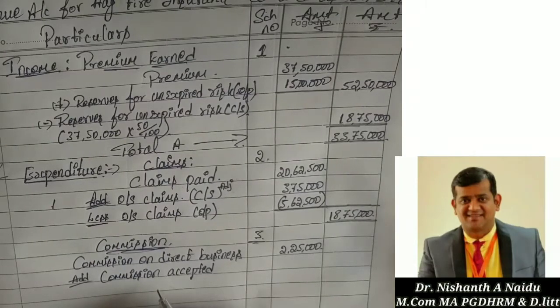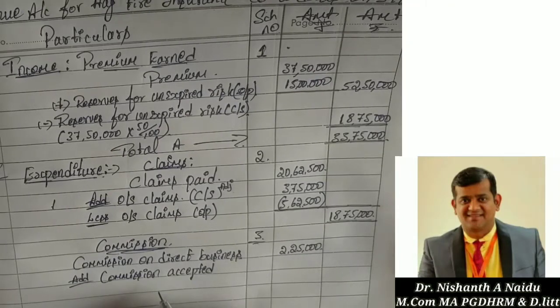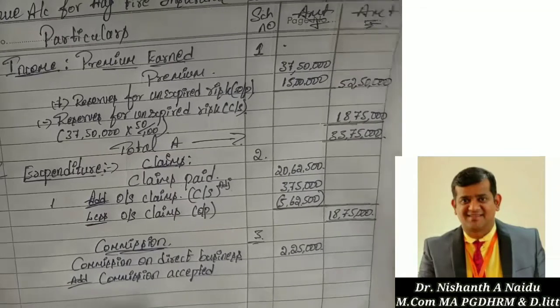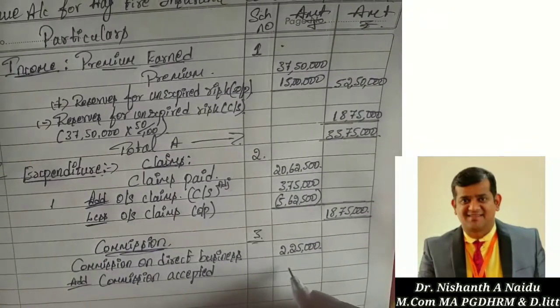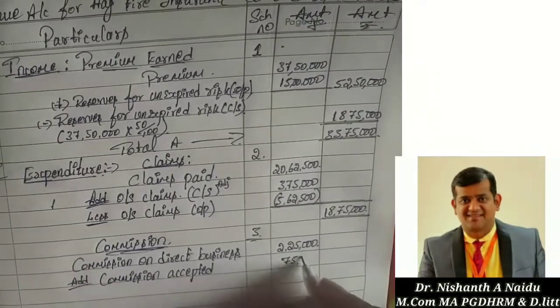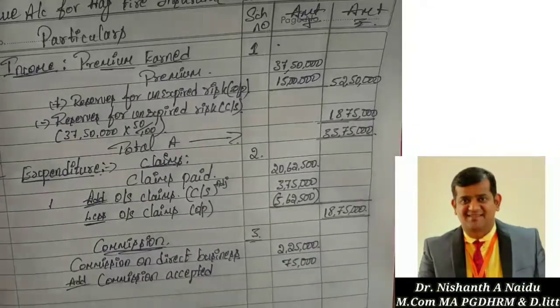Commission on reinsurance accepted, 75,000.